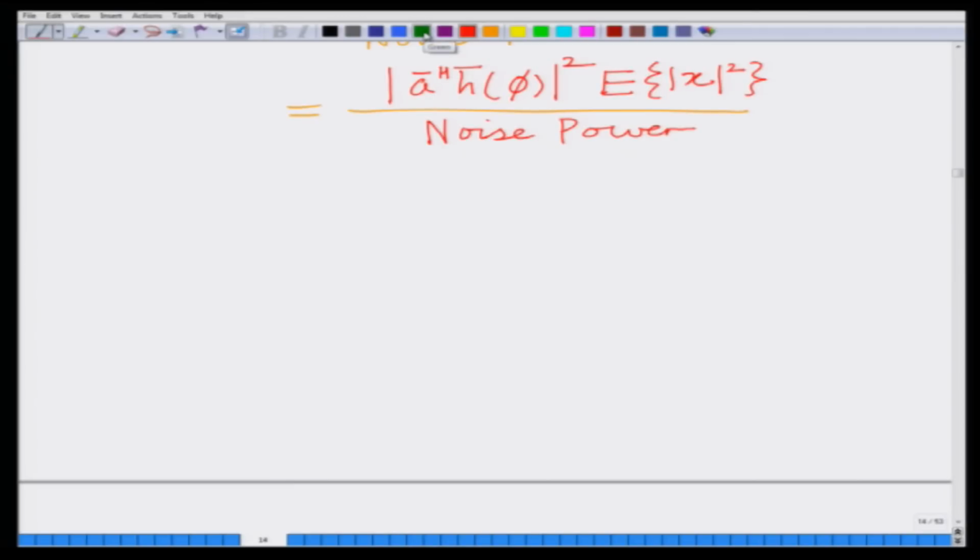Now, let us look at what is the noise power of this system. Previously we have seen, and this is where our properties of Gaussian will come handy, that the noise is A bar Hermitian W bar, a linear combination of Gaussian random variables.